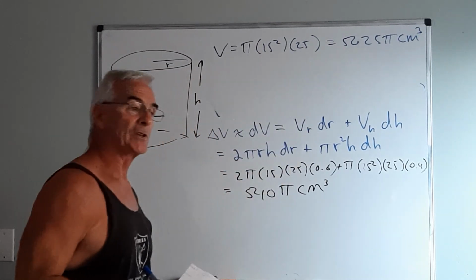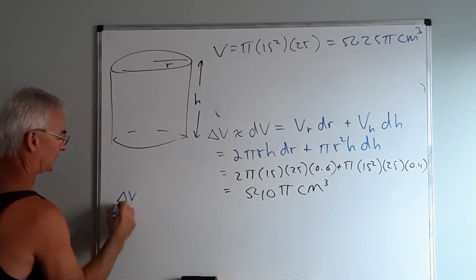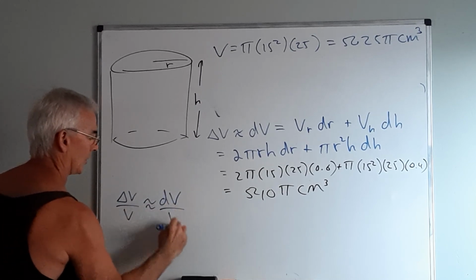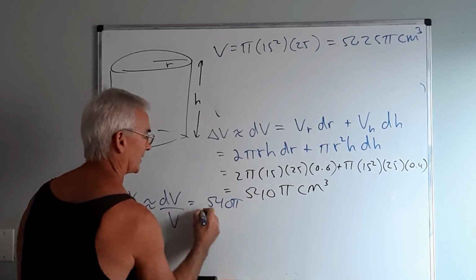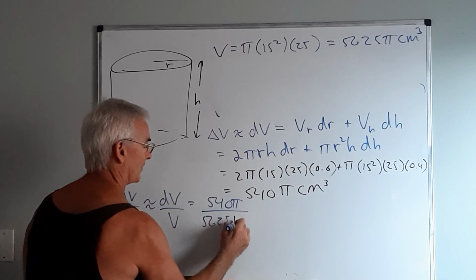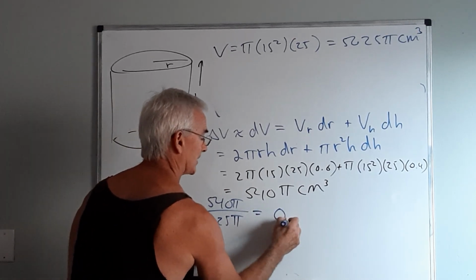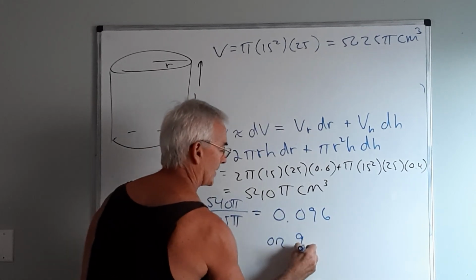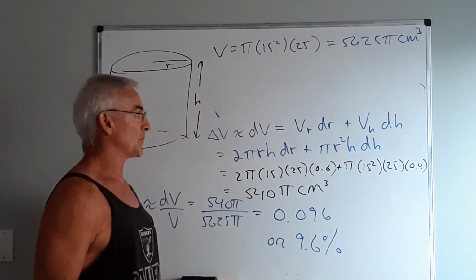So now if we want to calculate the maximum relative error, then we'd say that delta V over V, which is estimated by dV over V, is equal to 540 pi cubic centimeters over 5,625 pi cubic centimeters. And that number is exactly 0.096 or 9.6%.